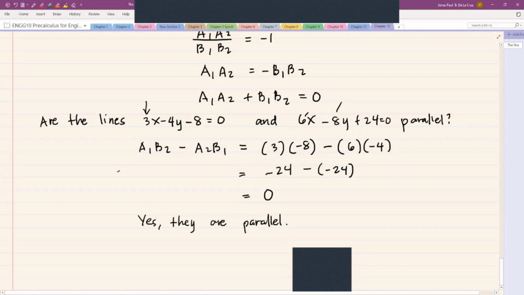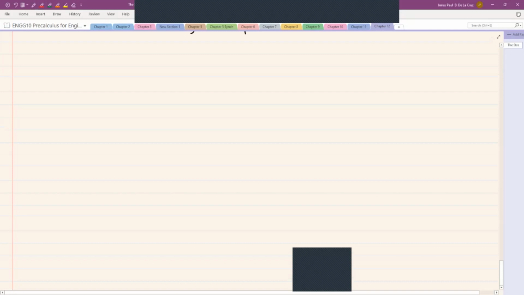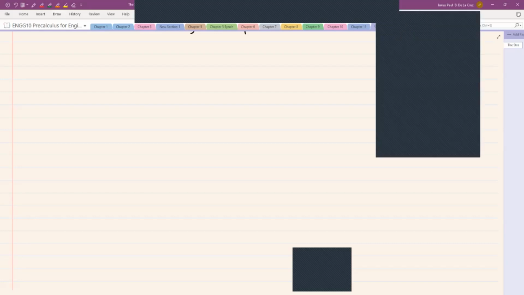All right, so let us go to the distance between a point and a line. Di ba na-discuss natin kanina, the distance between two points. Okay, paano naman kapag linya, meron tayong linya, tsaka point. Paano natin kukunin yung distance between the point and the line?